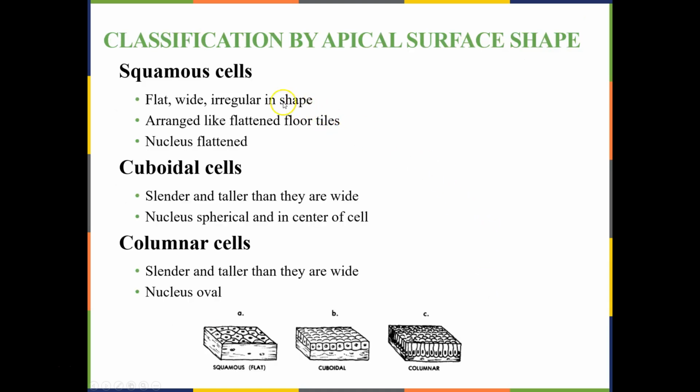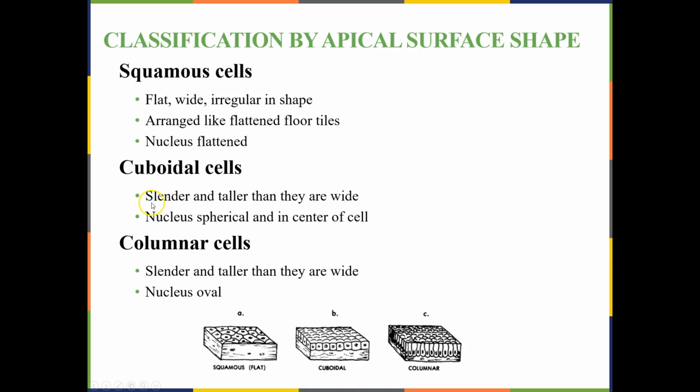I talked about the shape, but I'll quickly go over them again. Squamous shape means it's flat and it's wide. So here you have very flat cells. When you look at them under a microscope, oftentimes they look like little flat fried eggs with a nucleus right in the very middle.